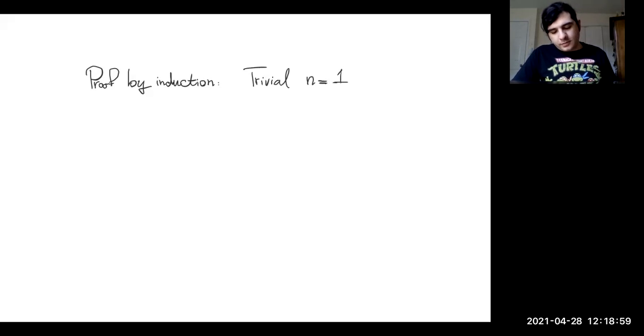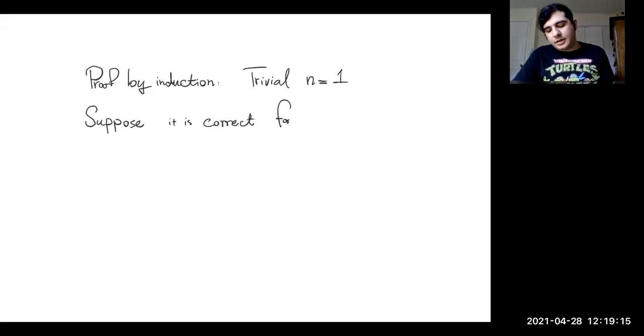Now, suppose we assume this is correct. I think sometimes it's called strong induction. Suppose the statement is correct for k by k matrices whenever k is less than n.